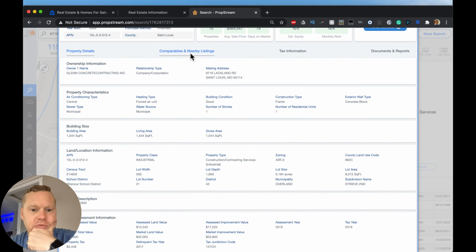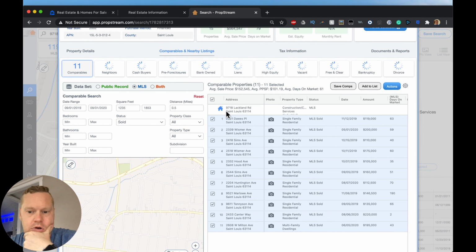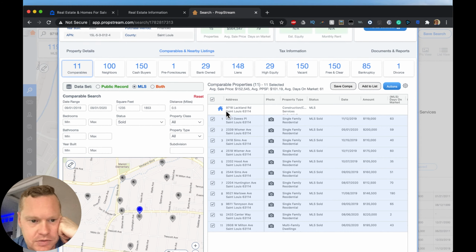Oh, here we go, comps. All right, so here we can dig into our comps on this one, despite the fact that it's not giving us a value right off the bat.